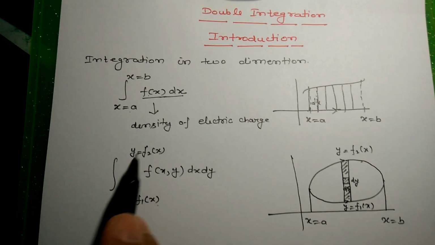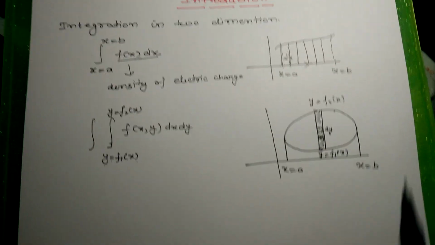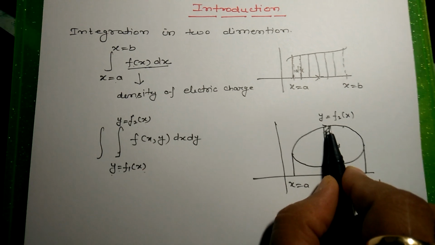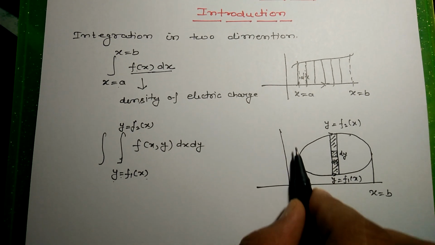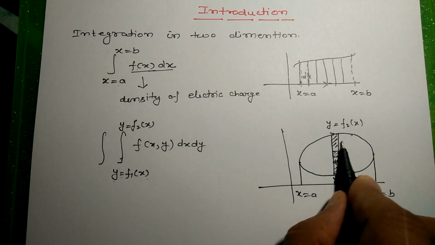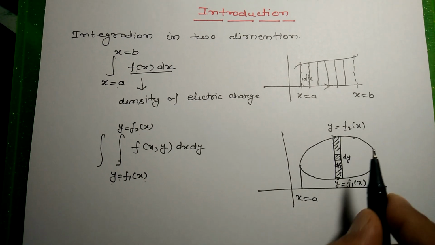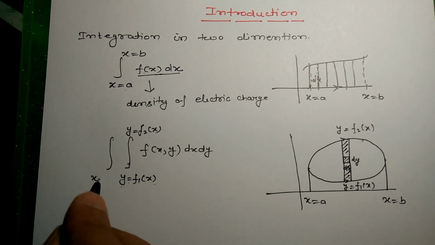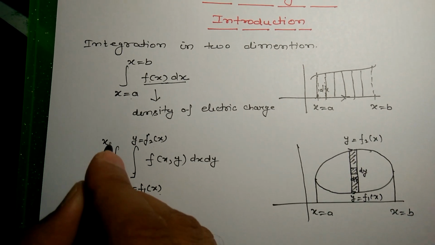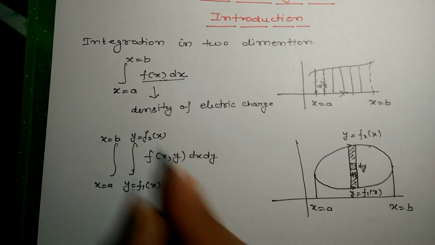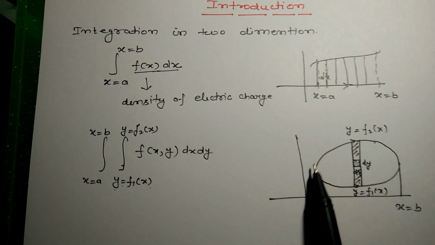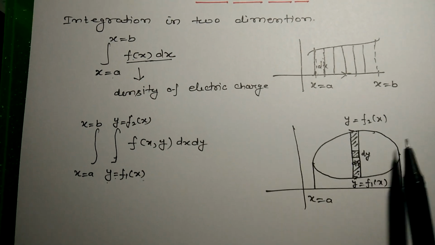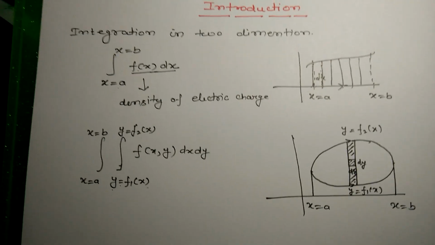Now y is equal to f1(x) to y is equal to f2(x). Now my strip is bounded between these two curves. Then we can freely move it horizontally from x is equal to a to x is equal to b. This vertical strip, which is bounded between these two curves, can be moved horizontally to cover the entire region.